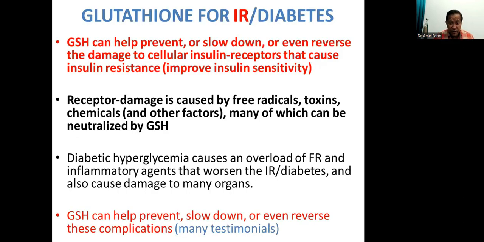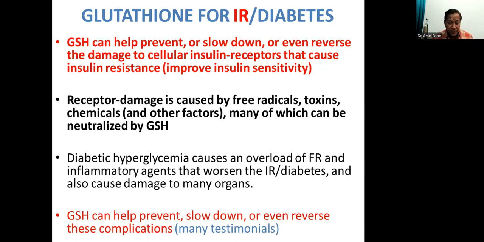Glutathione can help prevent or slow down or even reverse the damage to the cellular insulin receptors that cause insulin resistance.